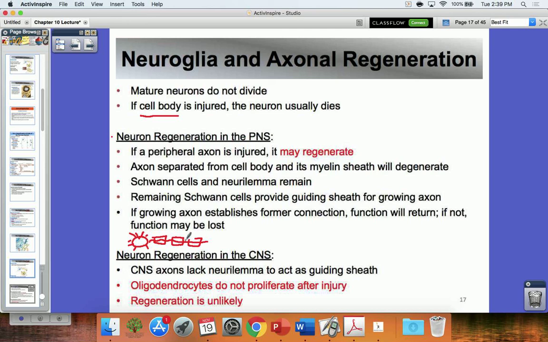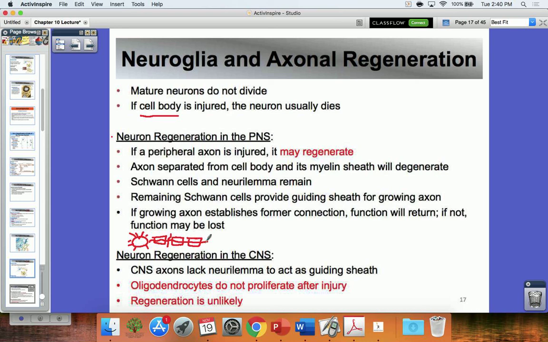Usually, if it's injured right here, this part that's downstream will degenerate. Okay? The axon itself. But the myelin, the Schwann cell that produces the myelin, will stay there. And since it will stay there, it can now guide the growth of a new axon. And so this part here that's upstream, this axon that's here, can start to regrow.